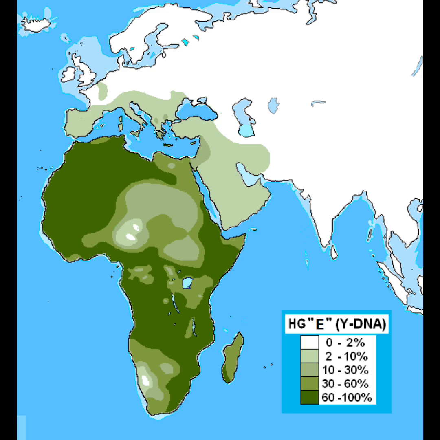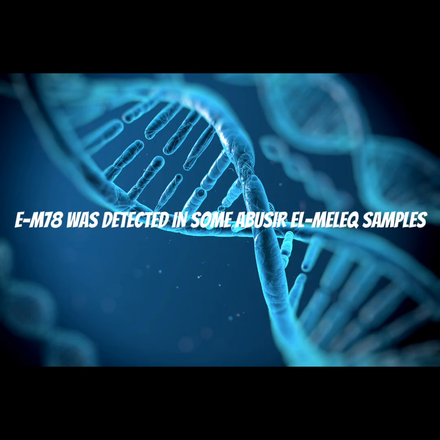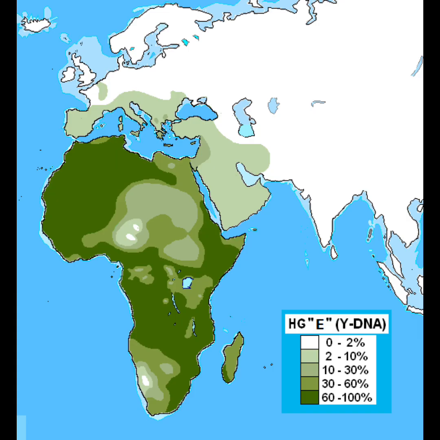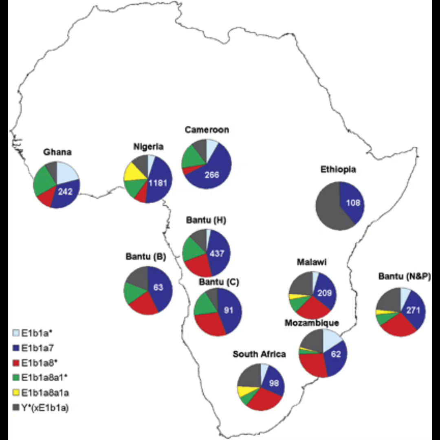1. Pre-dynastic samples. A 2017 study published in the European Journal of Human Genetics analyzed Y-DNA from 15 pre-dynastic Egyptian samples, circa 3300 to 2900 BCE. The results showed that 10 out of the 15 samples belonged to haplogroup E, with 6 samples belonging to the E1B1A subclade. 2. Dynastic samples.